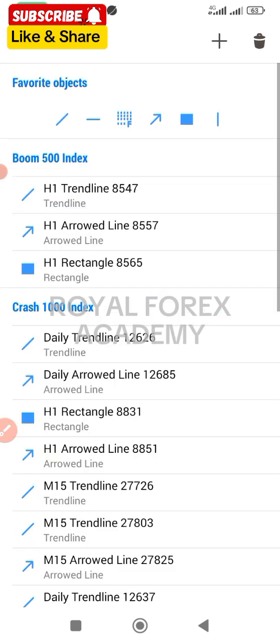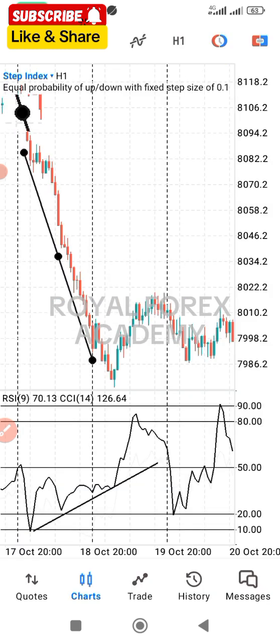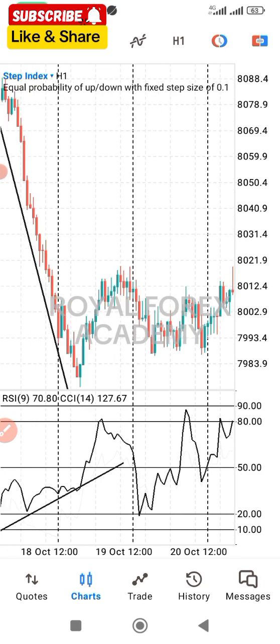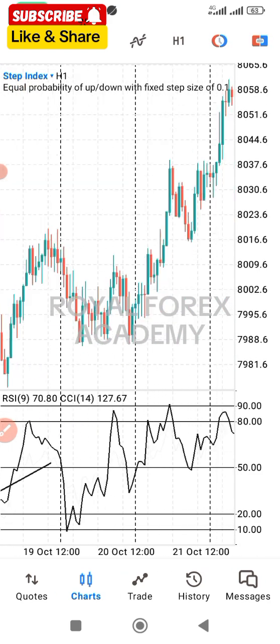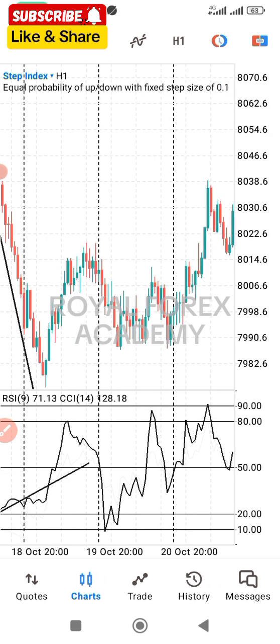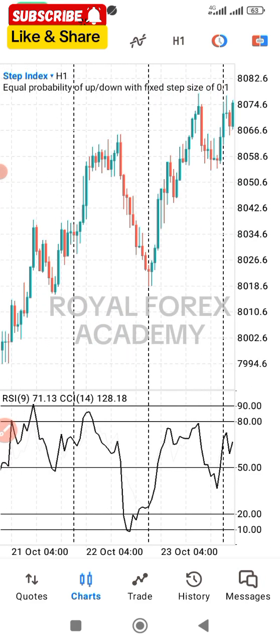While price keep falling down, the indicator window is doing the opposite. And after all, price change direction. So you can see how price is buying to the upside. So this is how simple.